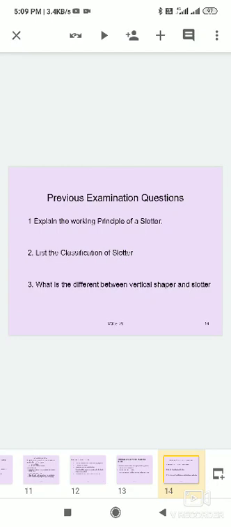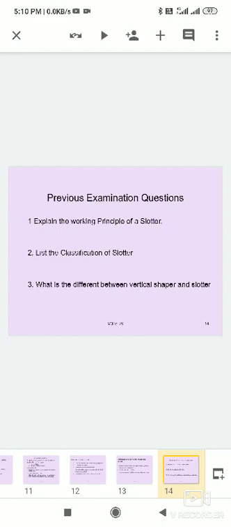That is some types of essay questions. Draw a line diagram of the slotter and indicate its main parts on it. Another question is to explain the principle of the Whitworth quick return mechanism of the slotter. Also, write the function of all the parts of the slotter with a line diagram.